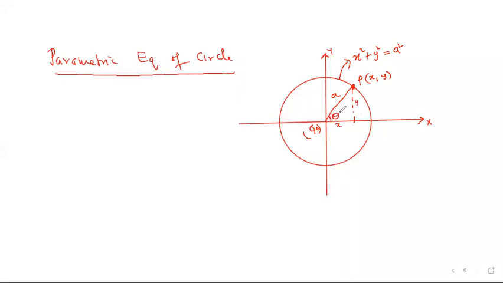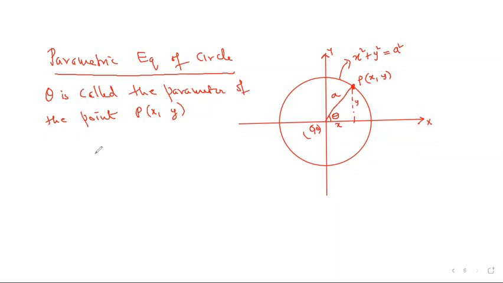This angle will be theta. Theta is called the parameter of the point P(x, y).